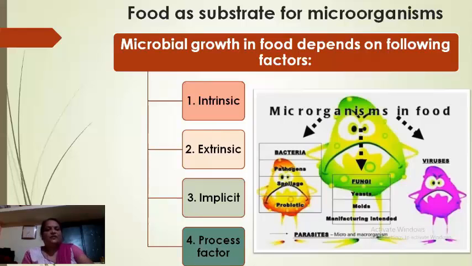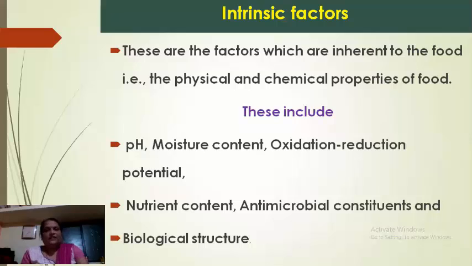So whenever the microorganisms are interacting with the food, different characteristics of the food and the surrounding affect the growth of microorganisms. These factors, as I told you, are divided into 2 major groups as intrinsic factors and extrinsic factors. The intrinsic factors are the factors that are inherent to the food.